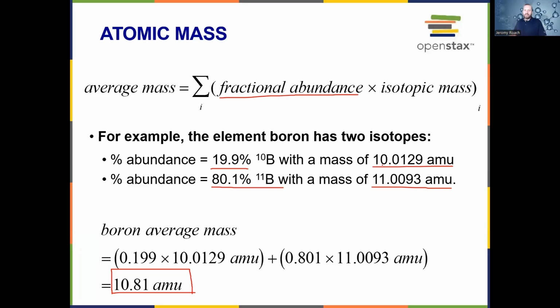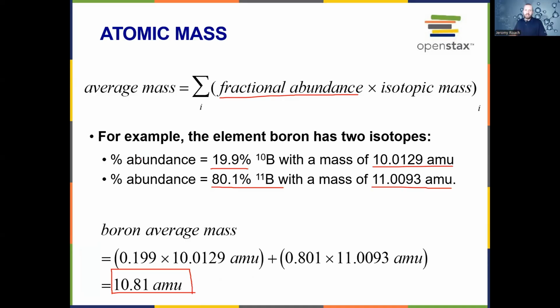Boron 11 has an 80.1% abundance, and it has a mass of about 11 AMU. And so we want to find its average mass. To do that, we multiply the percent times the AMU, plus percent times the AMU. Then we add those together and we get 10.81 AMU.